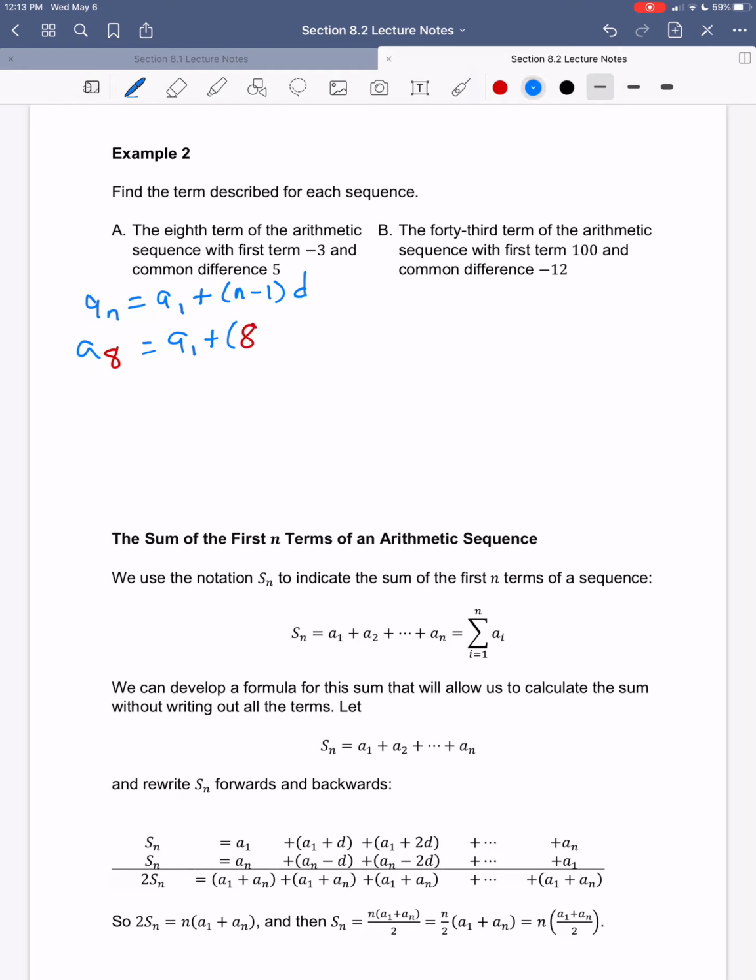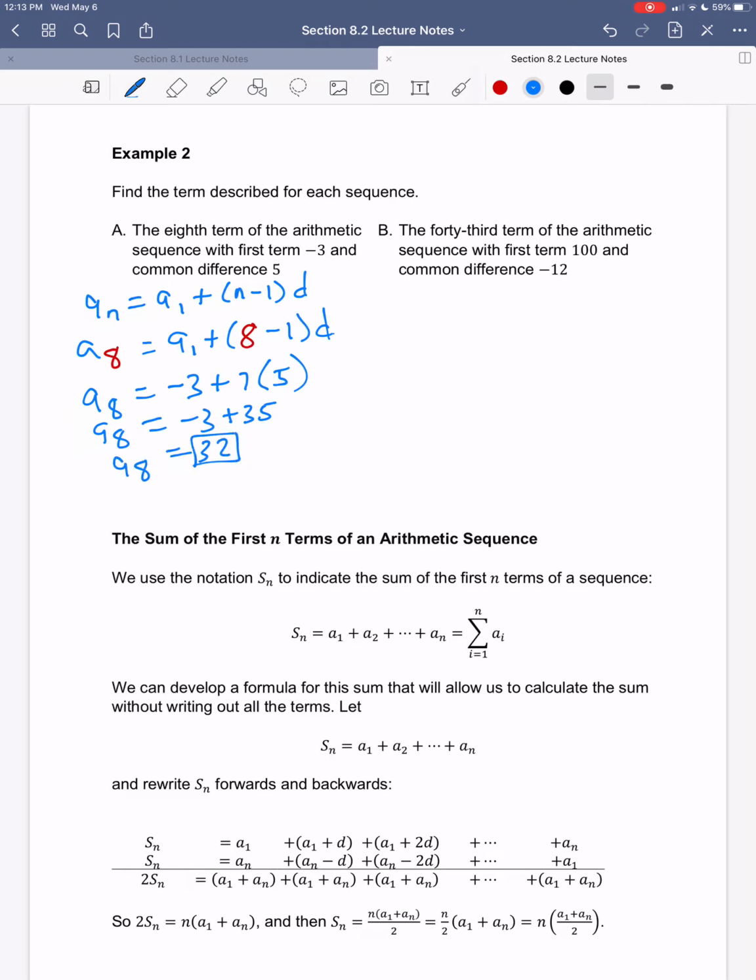I know what a sub 1 is. A sub 1, the first term, is negative 3. The common difference is 5. So a sub 8 here is going to be negative 3 plus 35. So the 8th term is going to be 32.